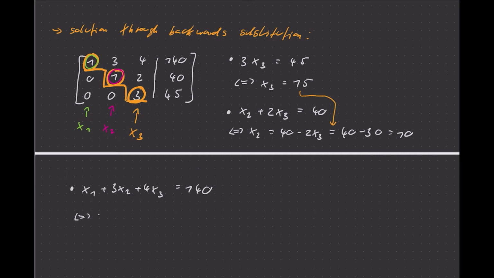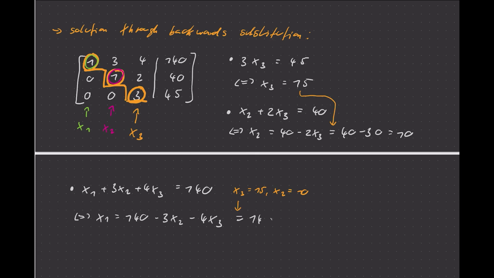So that is equal to x1 equals 140 minus 3x2 minus 4x3. And again, let's substitute the values that we know already. So we know that x3 equals 15, and we know that x2 equals 10.